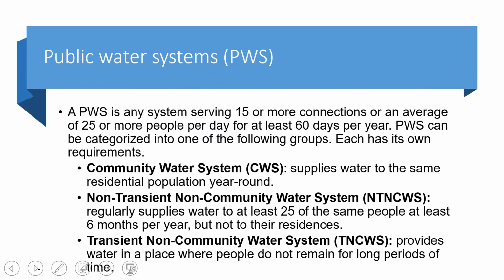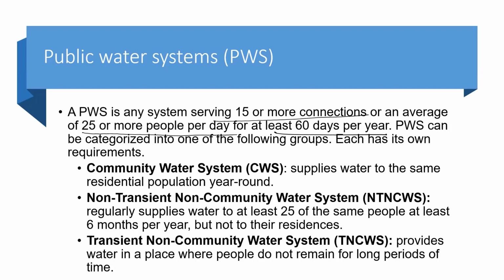Now we need to define what is a public water system. So my goal is to help you get to the point where you can design a sampling strategy and actually go out and collect the samples. So public water supply, it's any system serving 15 or more connections or an average of 25 or more people per day for at least 60 days per year.